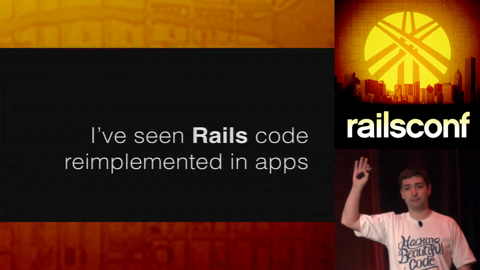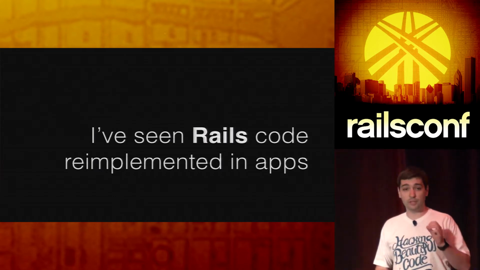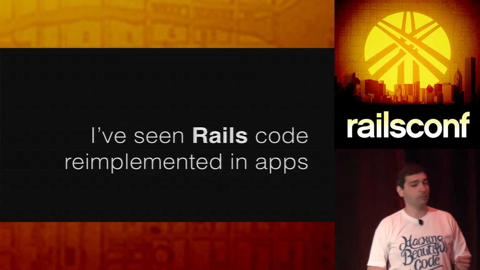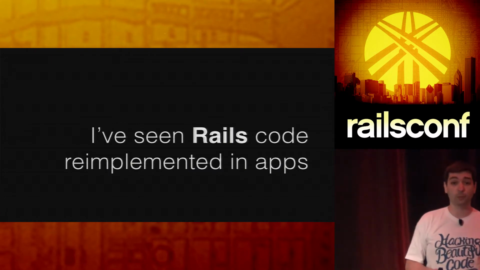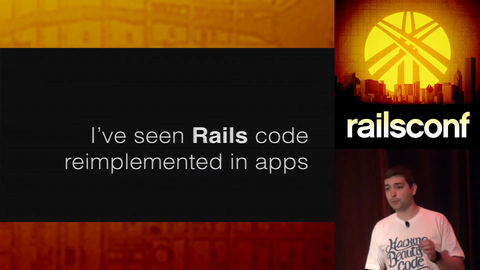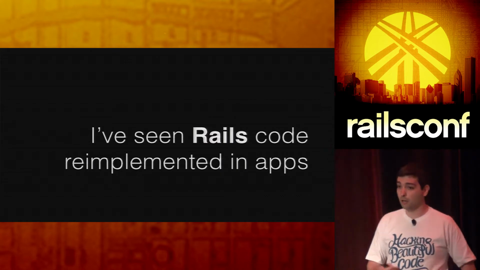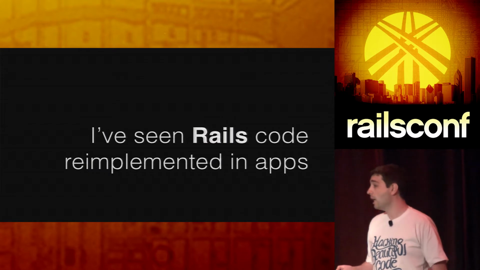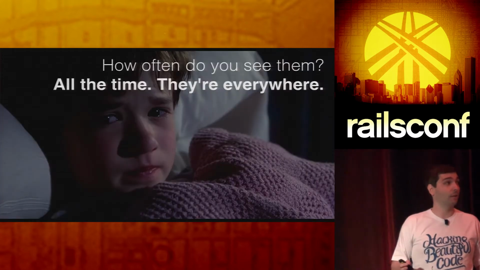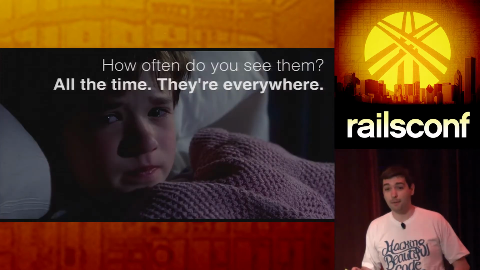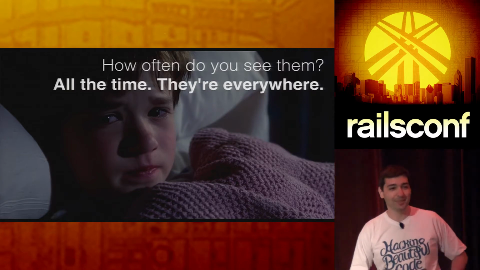Okay, a few hands. All right. Yeah, this is the type of duplication that really makes me sad, because we already have a lot of features in Rails that are there to be used freely by us, and we keep trying to implement these features in our own applications, right? And we see that all the time, everywhere.